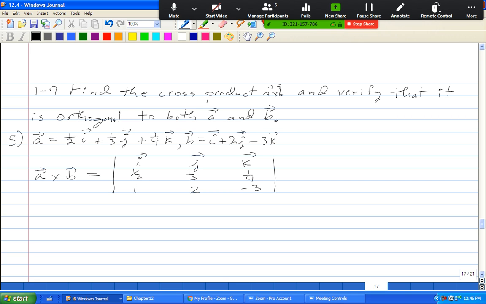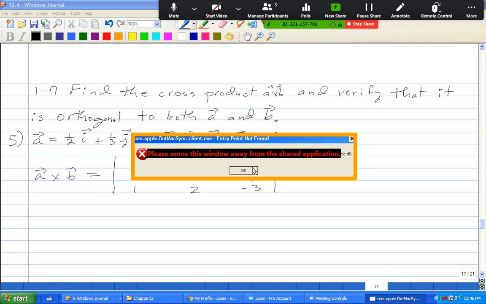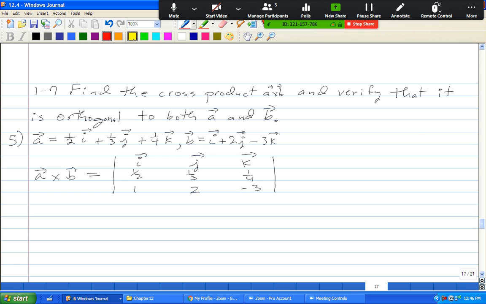Okay. So let's write this as 1, 2, 3. Okay, so let's do this. So this is equal to, for the first, 2, 3.